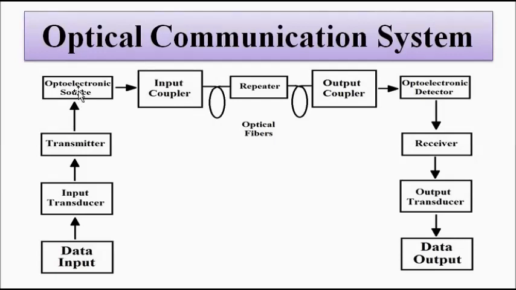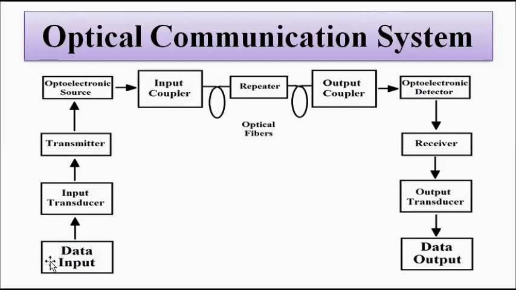Then we have the optoelectronic source, then the input coupler, then the communicating link between the input side and the output side, which is the optical fiber, the mode of propagation. Then we have a repeater block in between, which is basically an optical amplifier, the output coupler, optoelectronic detector, receiver, output transducer, data output. So each of these blocks on the right hand side performs the opposite task from those on the input side. Let us discuss them one by one.